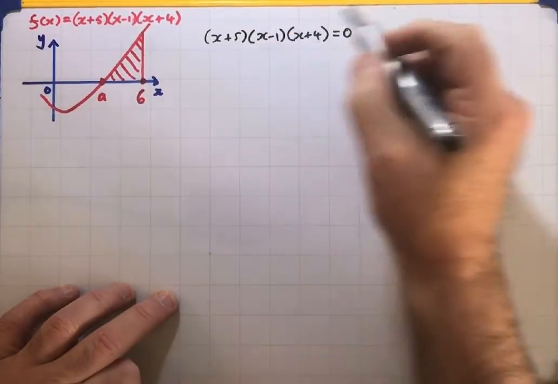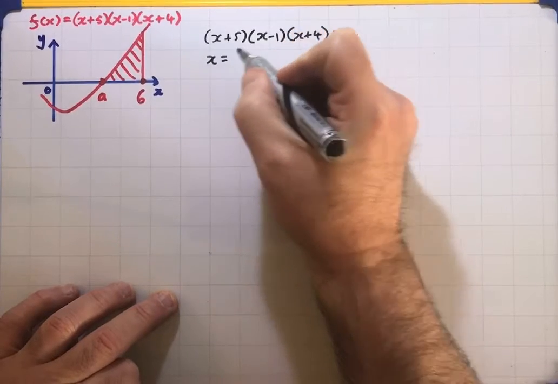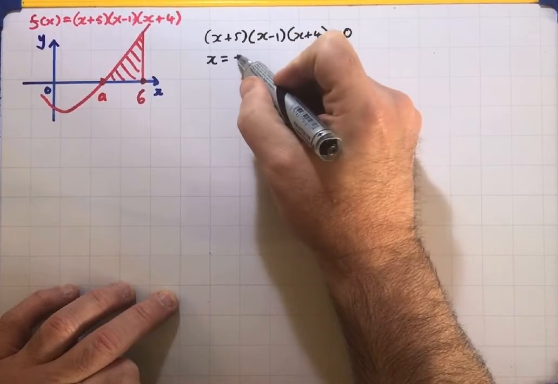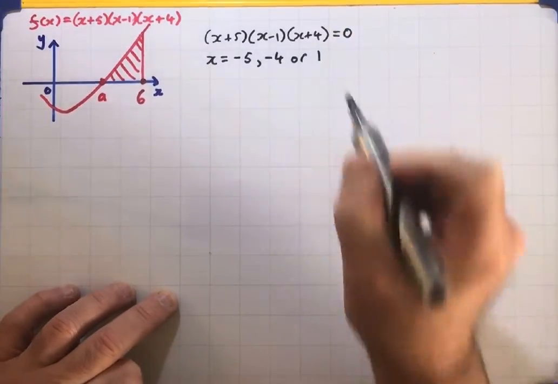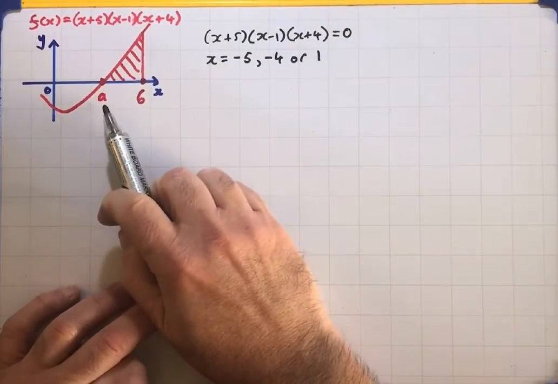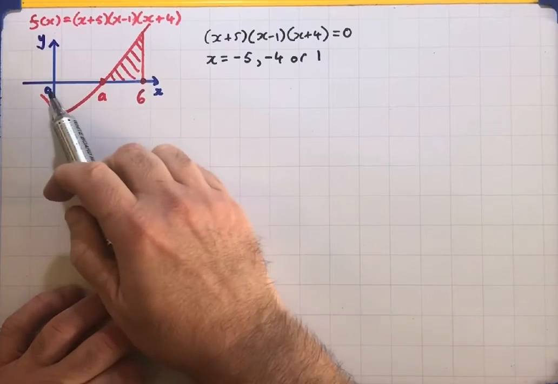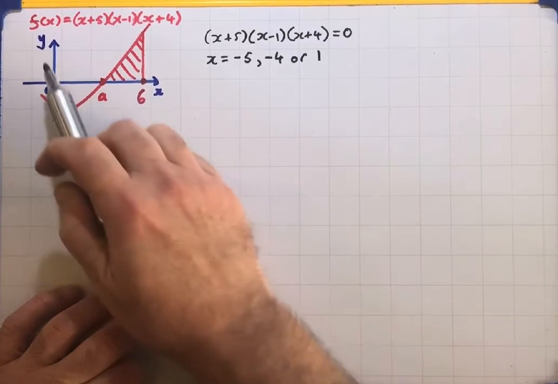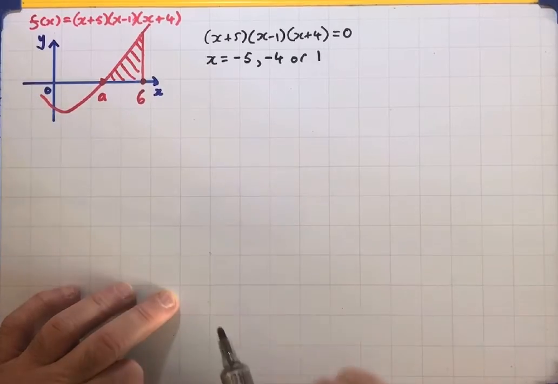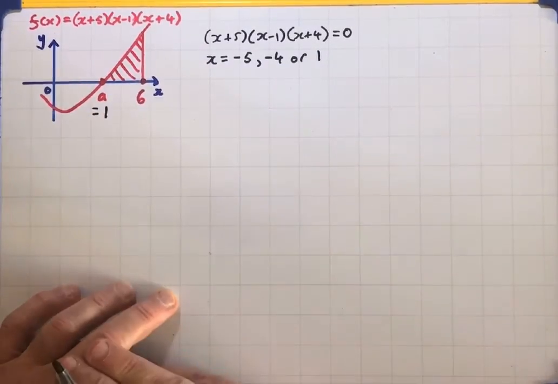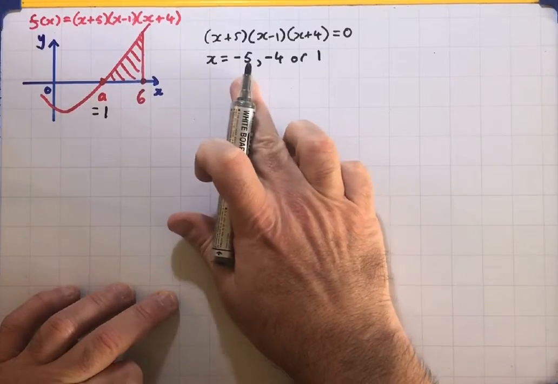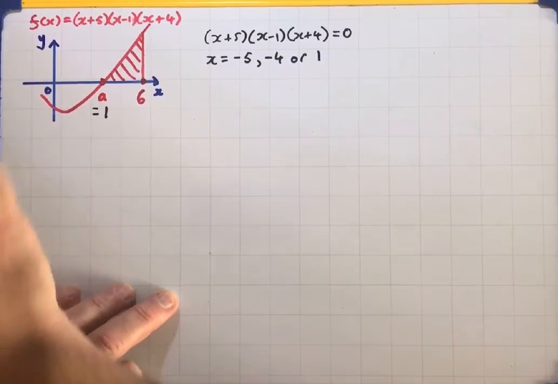Well, that's going to be 0 at x equals minus 5, minus 4, or 1. You can see this has to be a positive value because it's to the right of the y-axis. So that means that A has to be 1. That's the only possibility. It can't be minus 4 or minus 5 because they'd be over here.